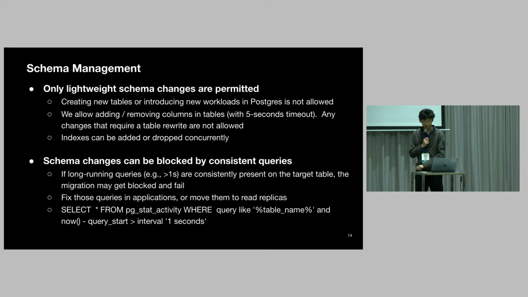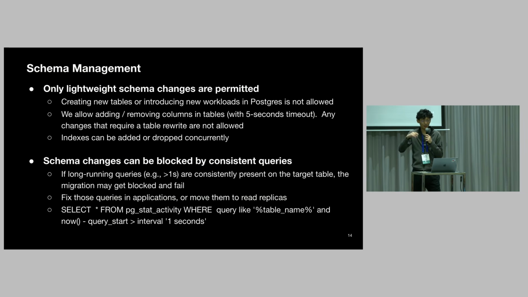And we find that sometimes a schema change can be blocked by some long-running queries. If there are some long-running queries that take longer than 1 second consistently present on the target table, the migration may get blocked and fail because of the timeout. So basically, we run this query, select star from pg_stat_activity, querying the target table name, and if a query is running longer than 1 second, we run it again in Postgres.